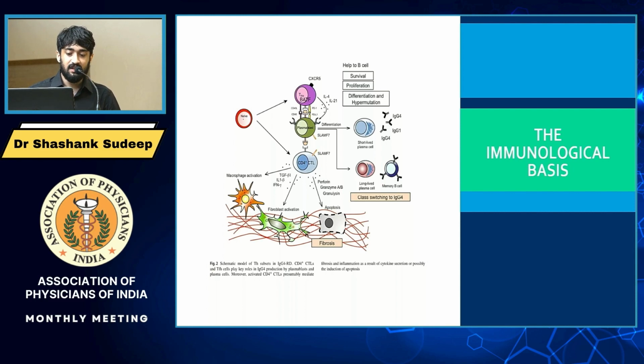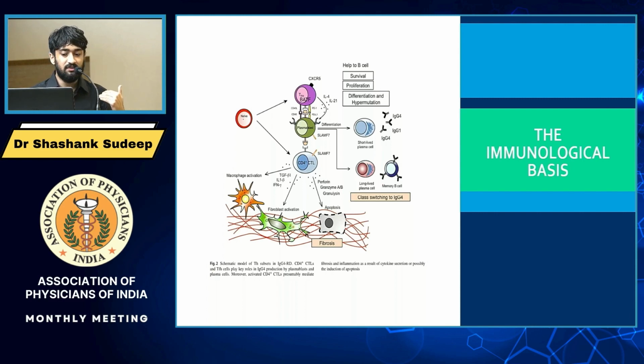So basically there is a naive B cell. When it gets stimulated by your follicular T helper cells as well as your CD4 cytotoxic T cells, it helps this B cell in survival and proliferation, and it also results in multiple hypermutations. You can have 2 possible forms of plasma cells, short-lived plasma cells and long-lived plasma cells.